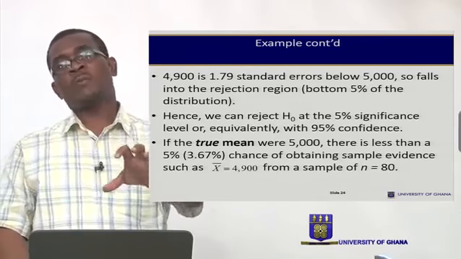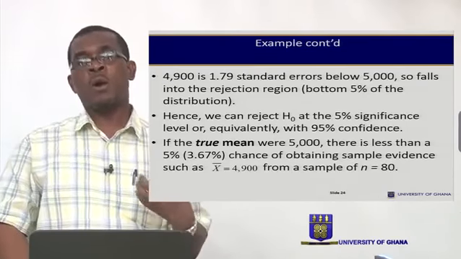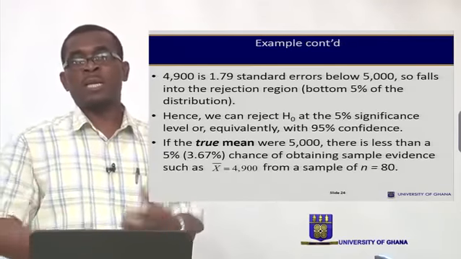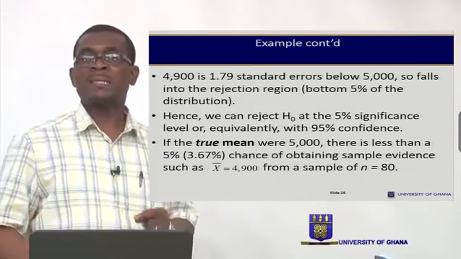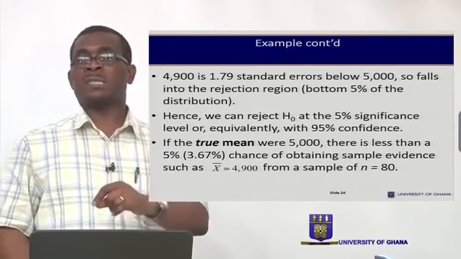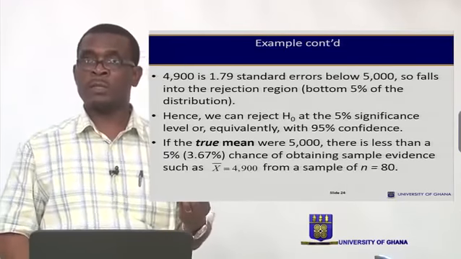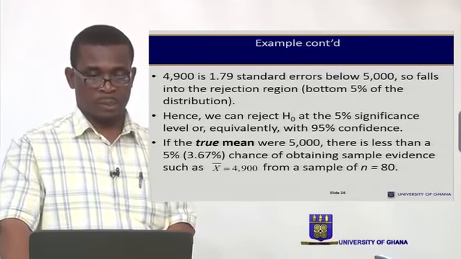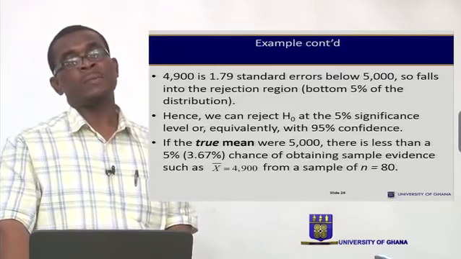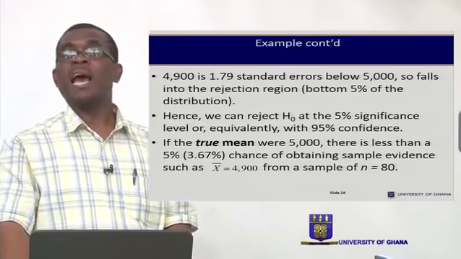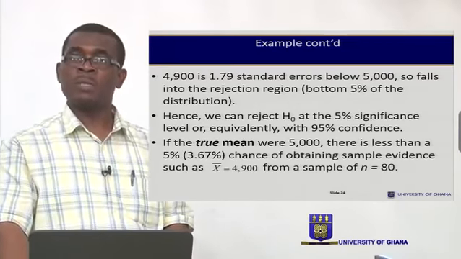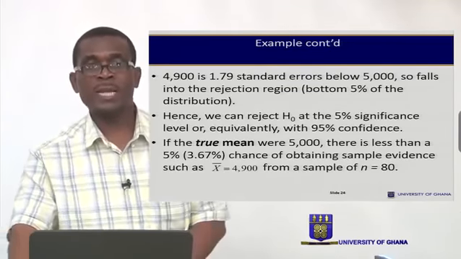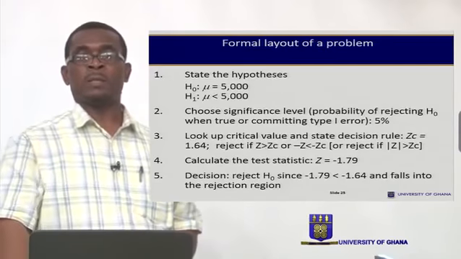But given what we've obtained, the error level we are actually incurring is 3.67%, which is less than what we're willing to tolerate. For this reason, we reject the null hypothesis and say that the mean life of the CFL bulbs is actually less than 5,000.